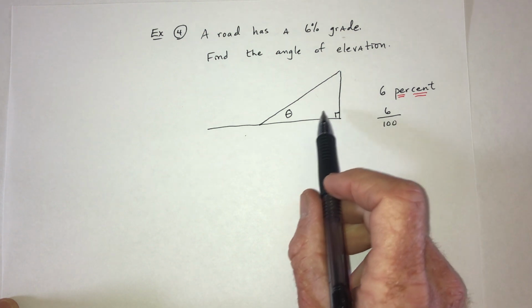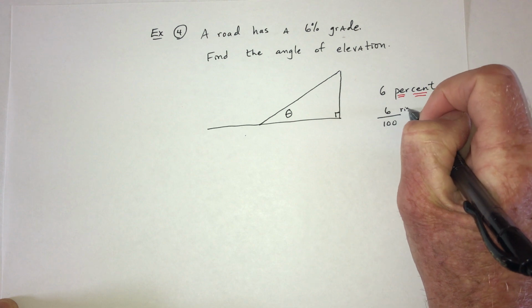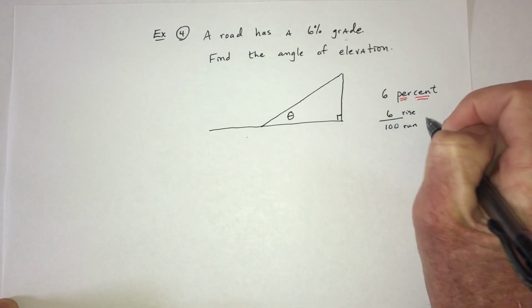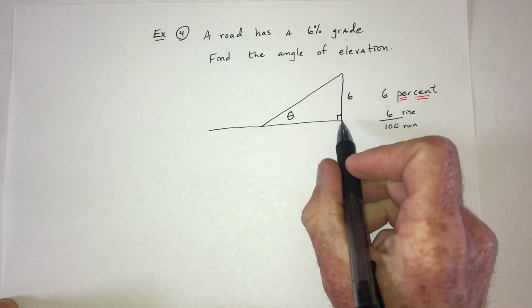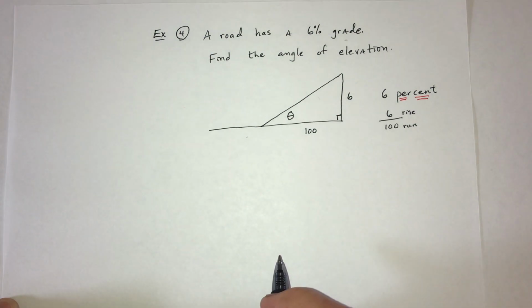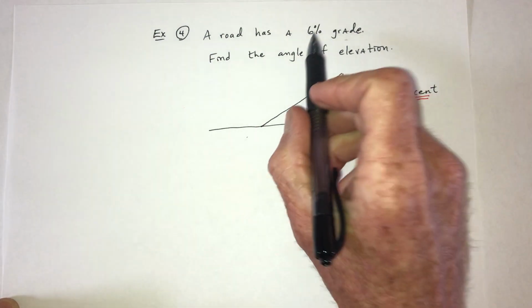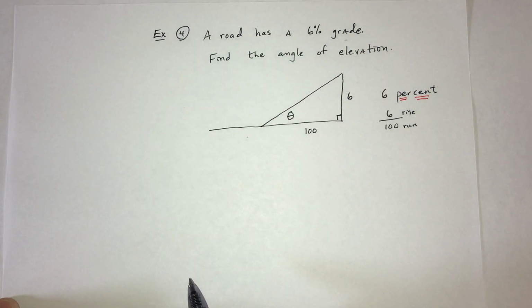So it's telling you the slope, just like in algebra, rise over run. So in other words, it's going to go up by 6 feet vertically if you go over by 100 feet horizontally. So this is really telling you the slope is 6 over 100.